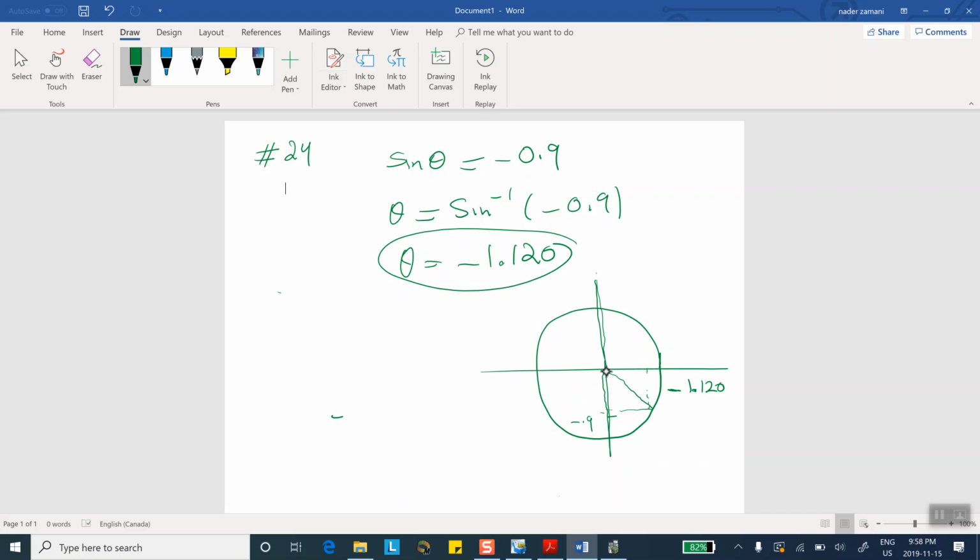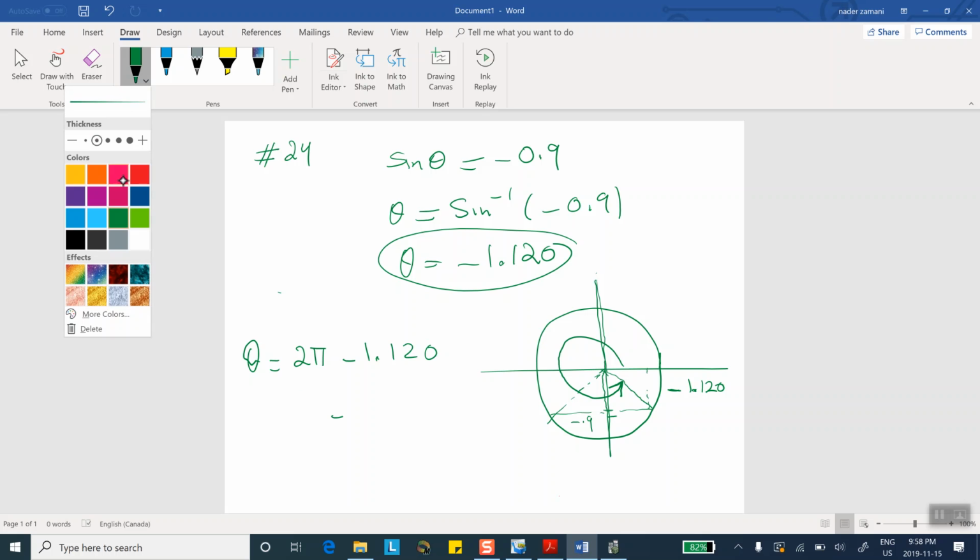But you can also get that angle by thinking about it like that. Except that theta is going to be 2 pi, and then you subtract that. That's one of them.